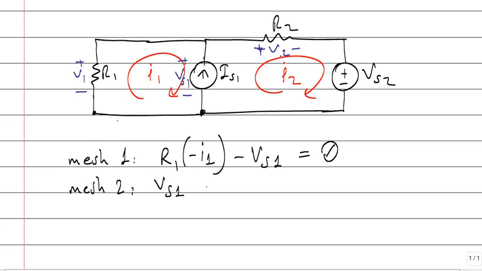Continue. There is a voltage drop of V2, minus V2. V2 is resistance times the current entering from positive, I2. Continue. There is a voltage drop because there is a switch from positive to negative. I will say minus V source 2 is equal to 0.